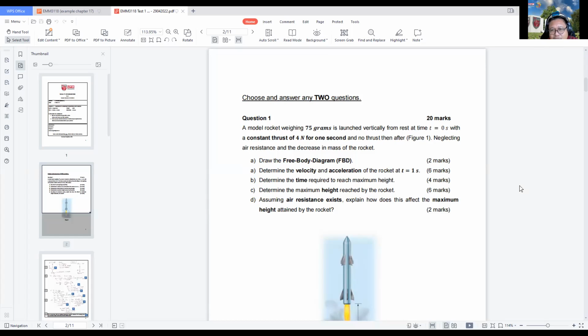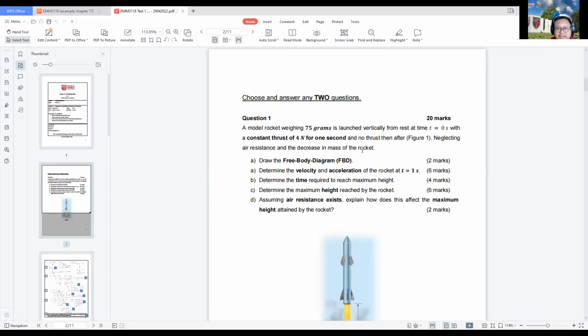It's similar to you riding a bike, cycling, and at some point, let's say after 5 or 10 seconds, you stop cycling, right? And the bike will still go forward. Am I right? So the same analogy applies here. In this particular problem, you can neglect the air resistance and the decrease in mass of the rocket.